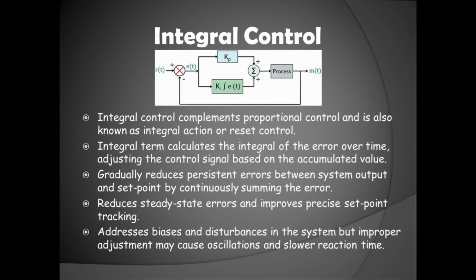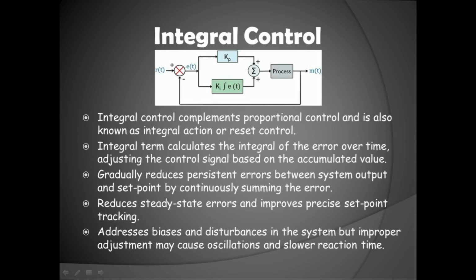Integral control gradually reduces any persistent error between the system output and the desired setpoint by continuously summing the error and consequently increasing or decreasing the output gain. Integral control reduces steady state errors and improves the controller's capacity to precisely track the setpoint. It assists in addressing biases and disturbances in the system, but if improperly adjusted, may cause oscillations and a slower reaction time.